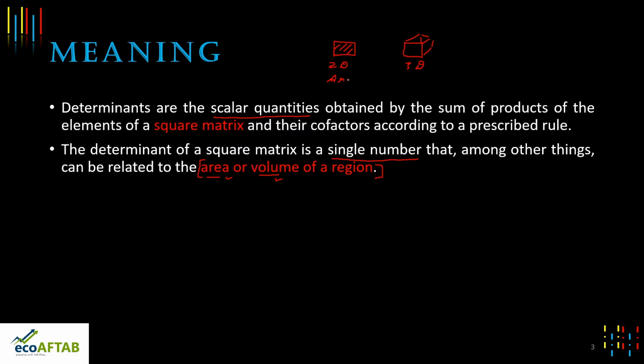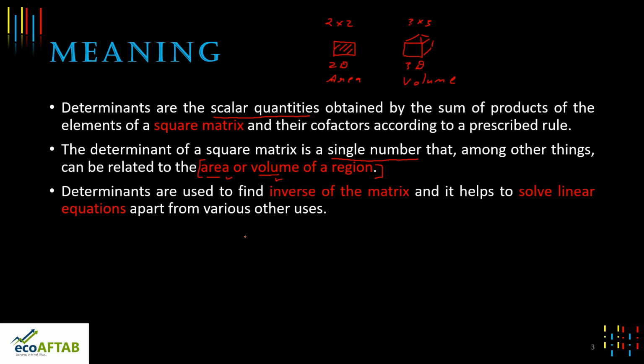So, here we say area and here we say volume. This is what determinant means geometrically. It represents the area of a region when we are speaking about a 2 by 2 matrix, or else it represents the volume of a region when we are speaking about a 3 by 3 matrix.